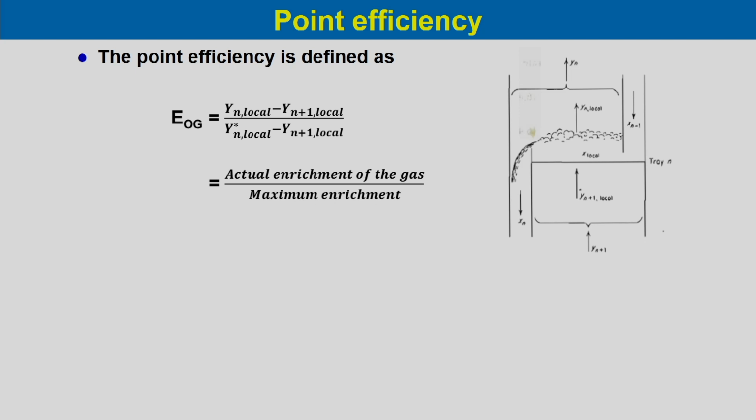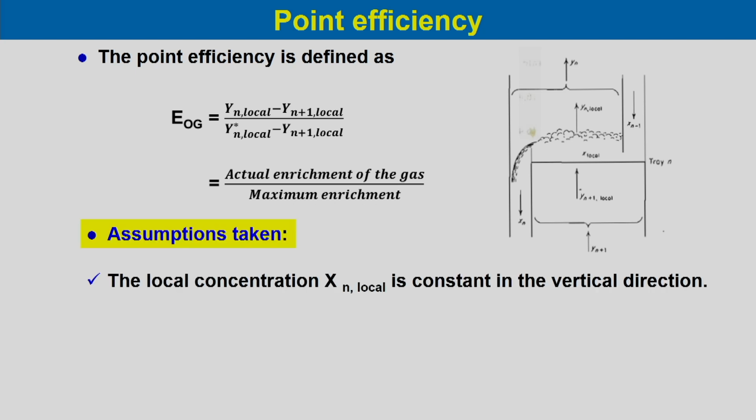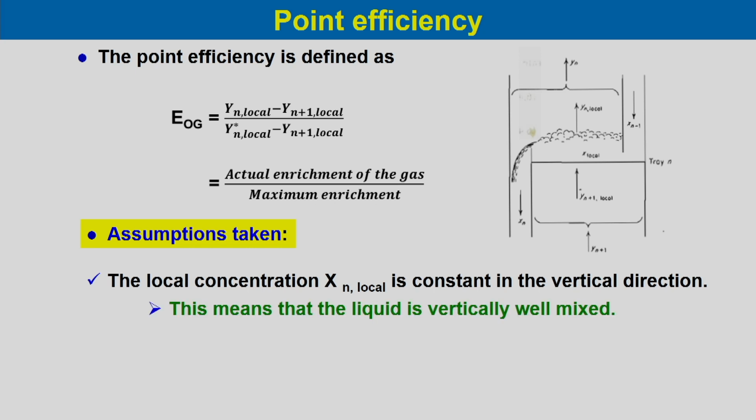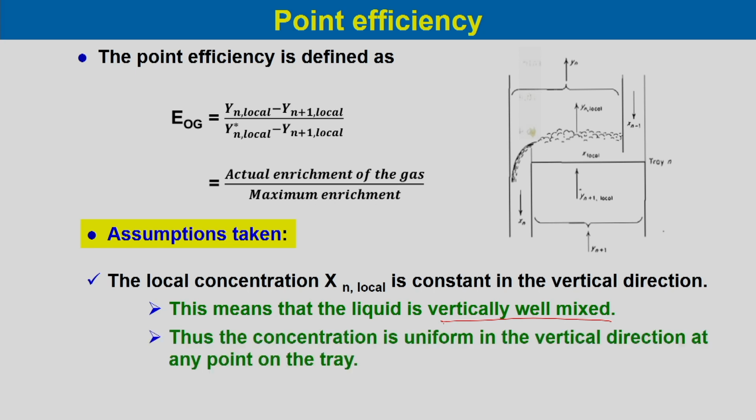So, this will give the point efficiency of that particular tray. Now, what are the assumptions taken over here? The local concentration Xn local is constant in the vertical direction. This means that the liquid is vertically well mixed. Thus, the concentration is uniform in the vertical direction at any point on the tray.